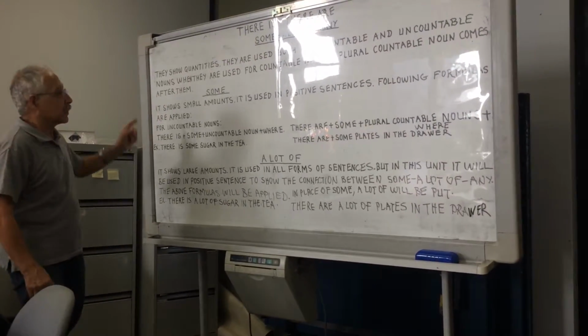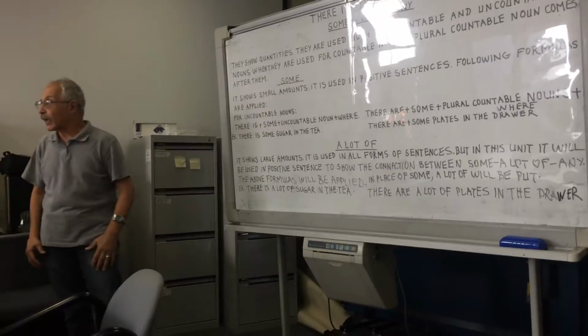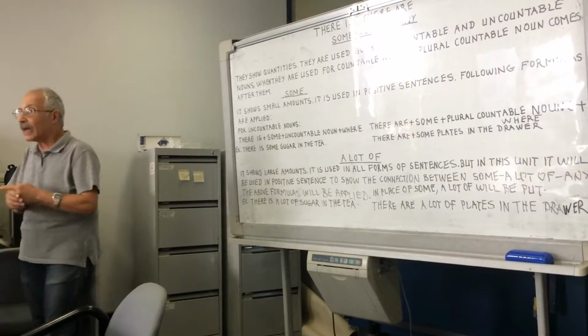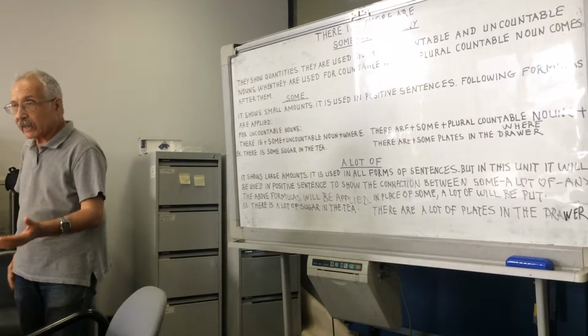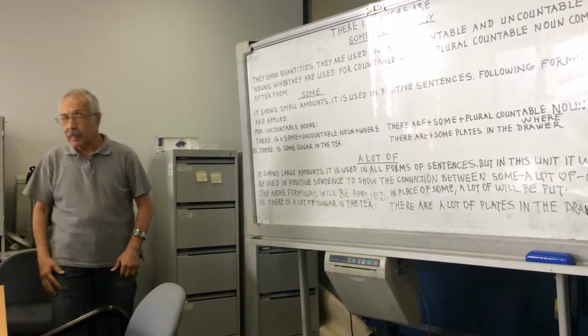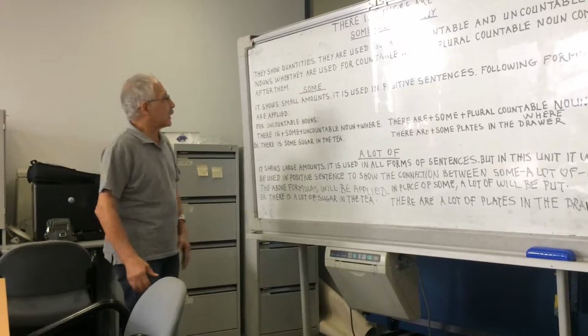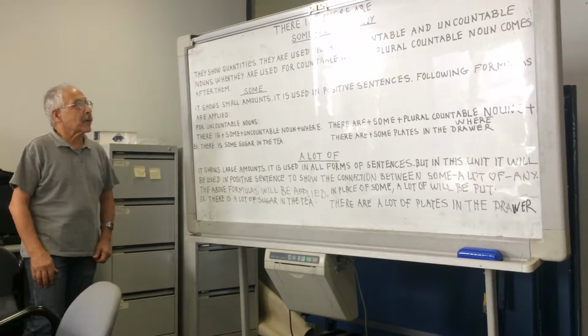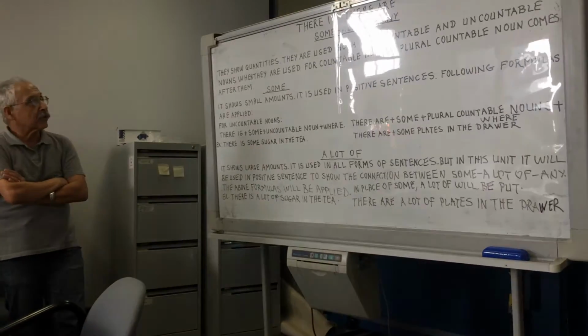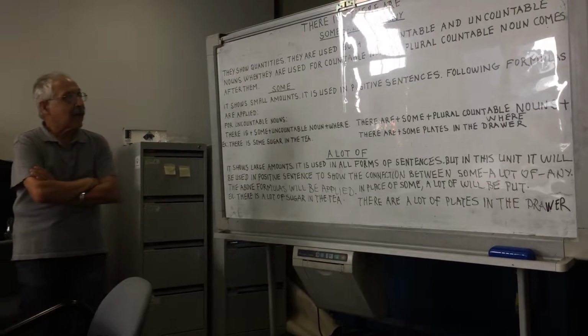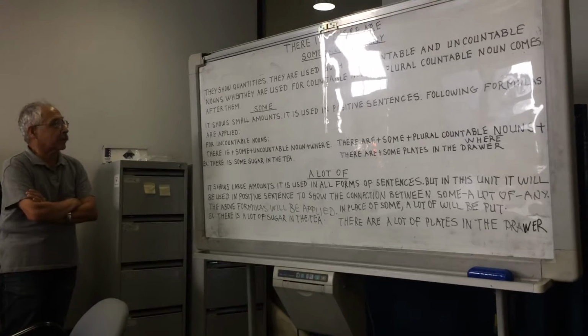And what are uncountable nouns? Uncountable nouns are the nouns we cannot count. Hair, sugar, flour, we cannot count. So some, a lot of, and any are used for countable and uncountable nouns.